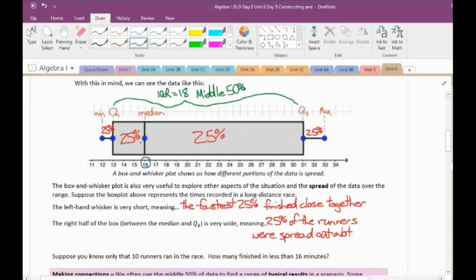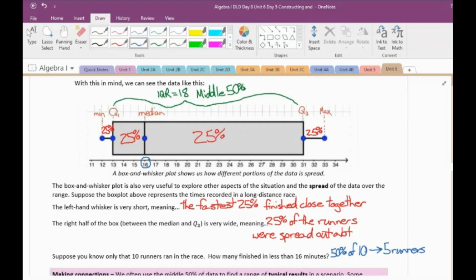So I know that 50% fall below the median. That's 50% of the 10 runners, which obviously gives us 5 runners. So that's an example of how you could use this to help you tell some different things about the scenario.